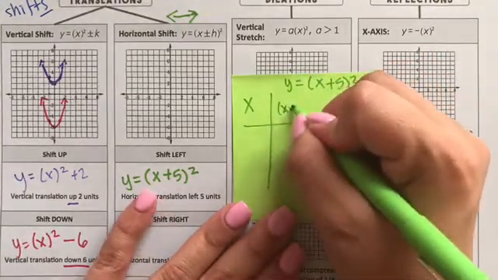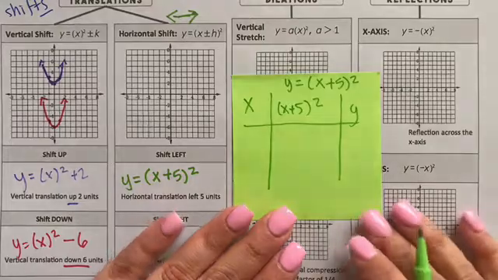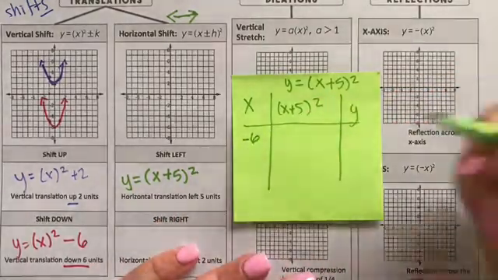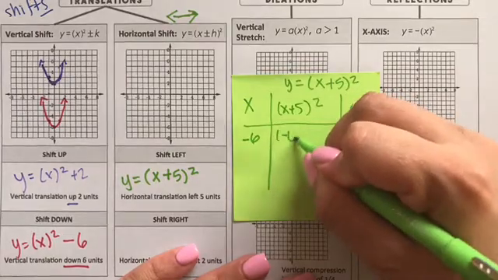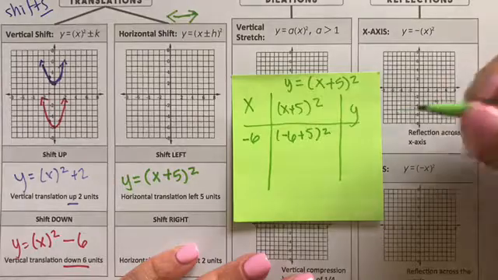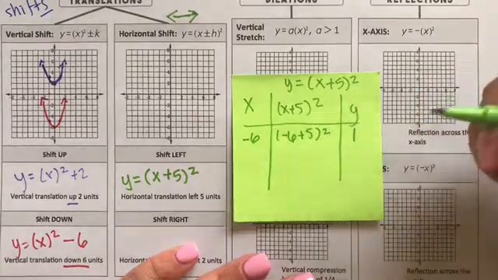Let's pick a number, negative 6. So I'm going to get negative 6 plus 5, squared, which is 1.